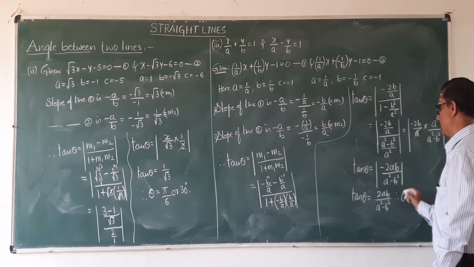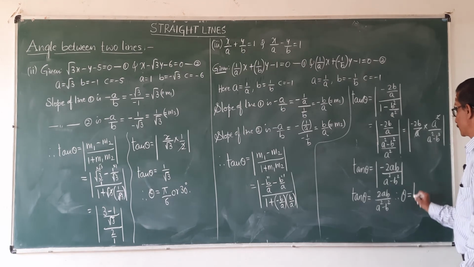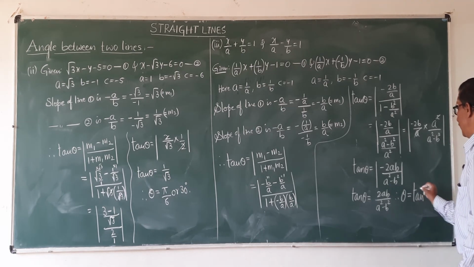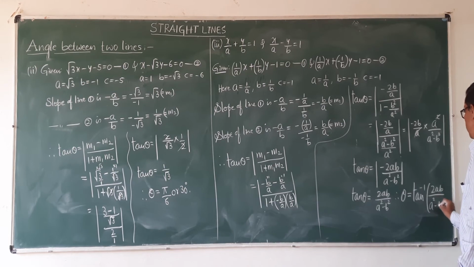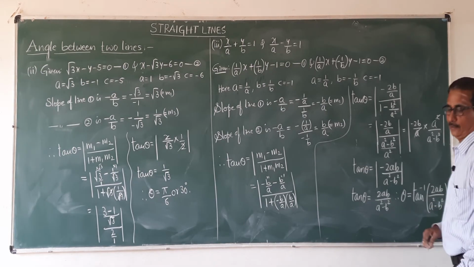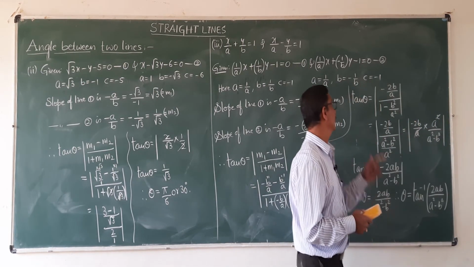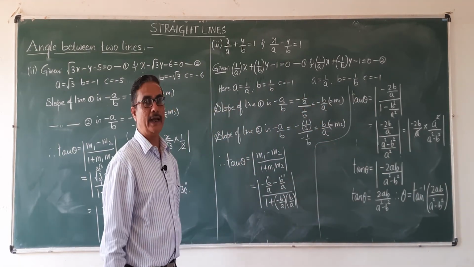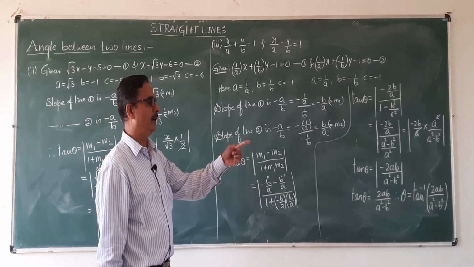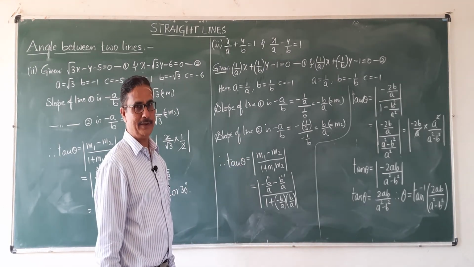Therefore, angle theta, this is not a standard angle, so we can write tan inverse of 2AB divided by A square minus B square. So this is the general form. So angle between two lines theta is equal to tan inverse of 2AB divided by A square minus B square.